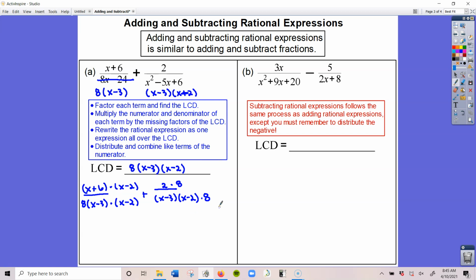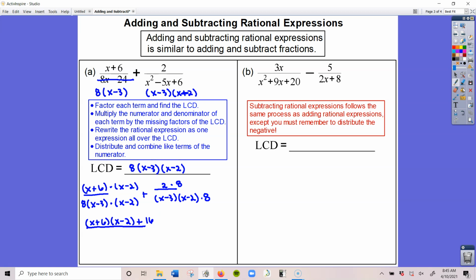Once we've done all of the multiplication, what we're going to do now is write this as one fraction. We have here in this numerator x plus 6 times x minus 2, plus we have 2 times 8, which is 16.